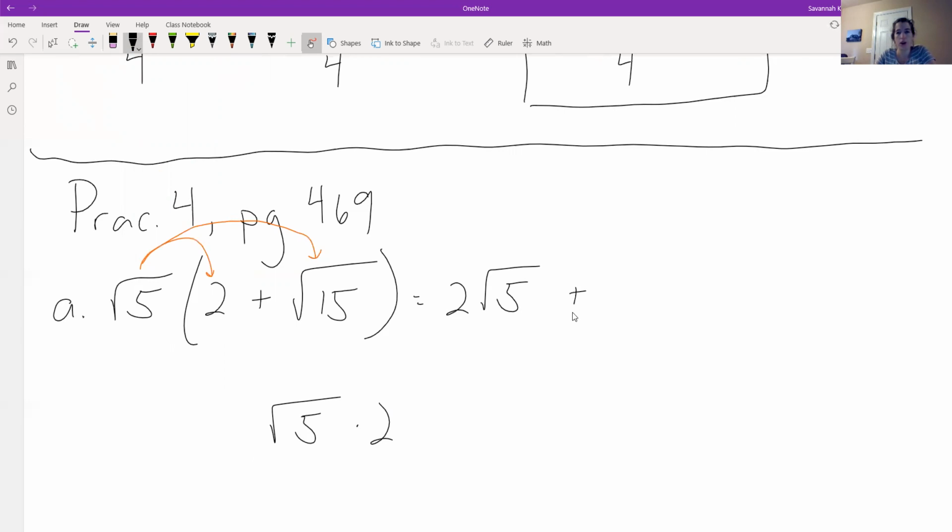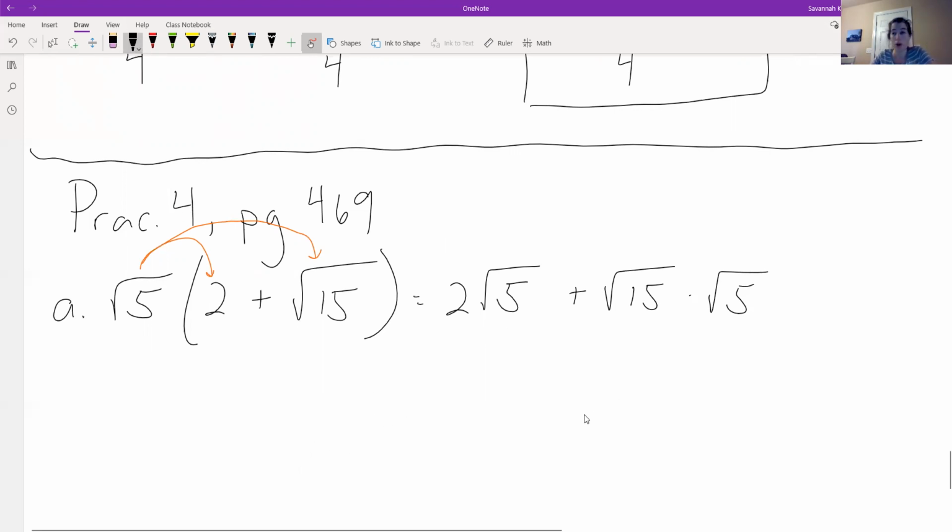And then if you want to just keep with that theme, the square root of 15 times the square root of 5, we can go ahead and do that as well. Okay, now here's where it gets interesting, because you could, with 100% permission from algebra, go ahead and say, well, let me combine my 15 times my 5.